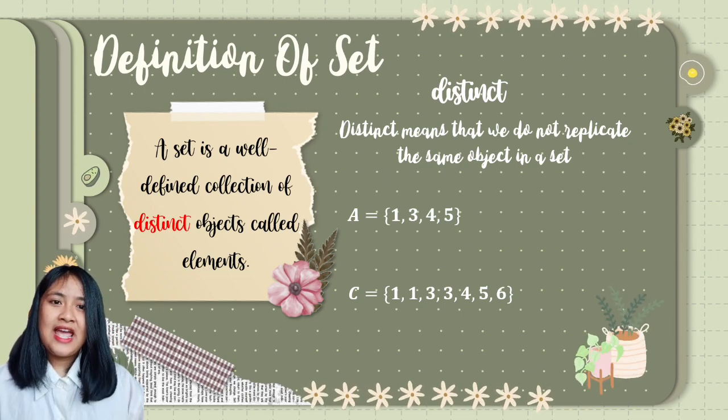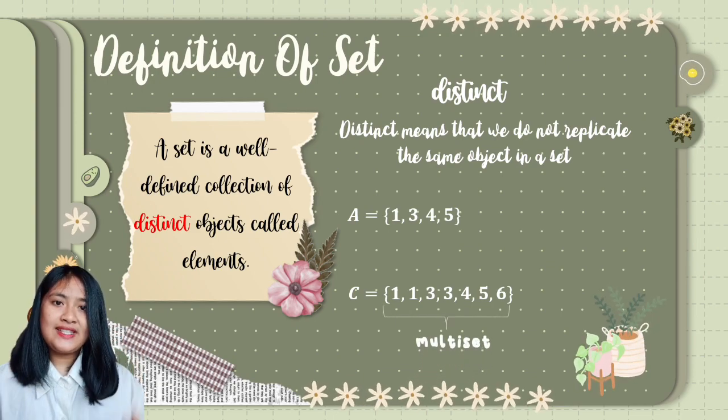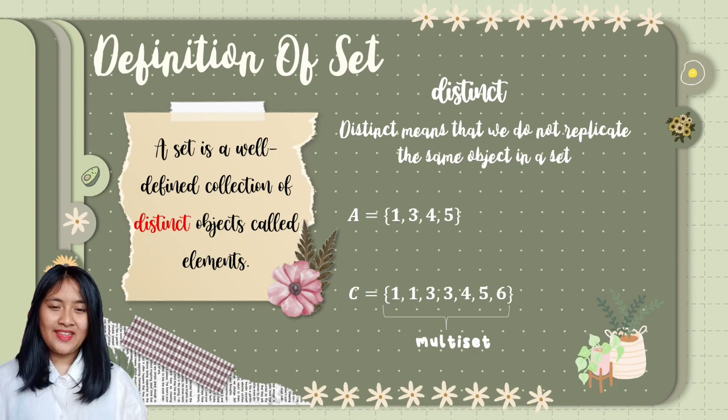Yes, you are right. A is a set because all its elements are written only once. But C is not a set because elements 1 and 3 are written twice. So C is a multiset, not a set.